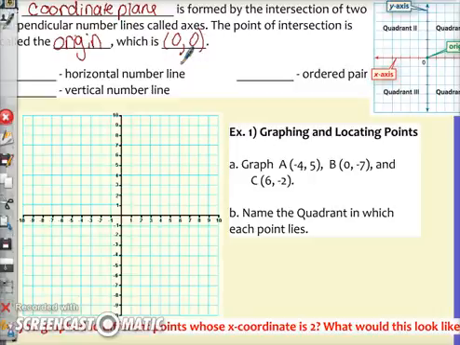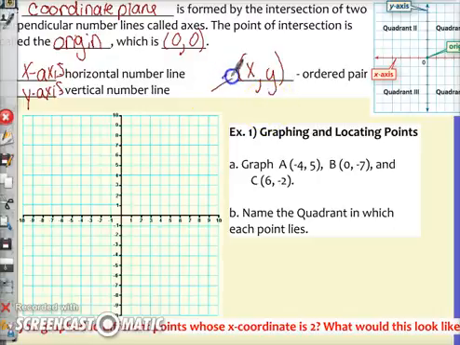Your x-axis is the horizontal number line, and your y-axis is your vertical number line. An ordered pair is always x, y. You must make sure that you put these parentheses around them. That was the biggest thing that I noticed on your Chapter 0 quiz.